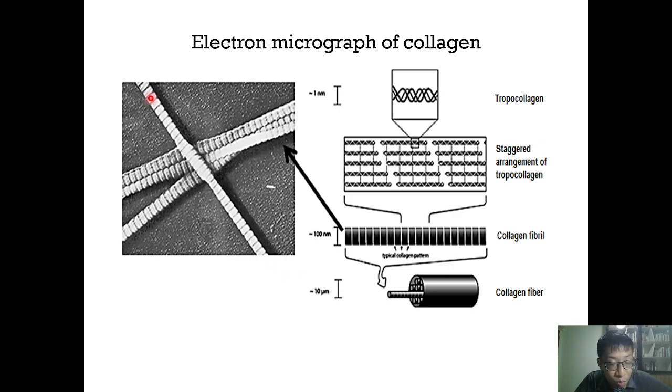So this is 1 fibril. It shows a banded appearance. That is because of the staggered arrangement of the tropocollagen in the collagen fibril, right? Because of the staggering, there are some gaps and then there are some overlaps of tropocollagen. When it is seen under the electron microscope, it shows a banded appearance.